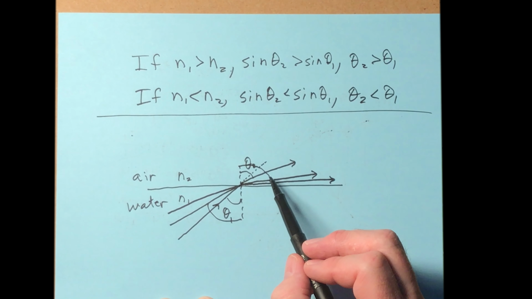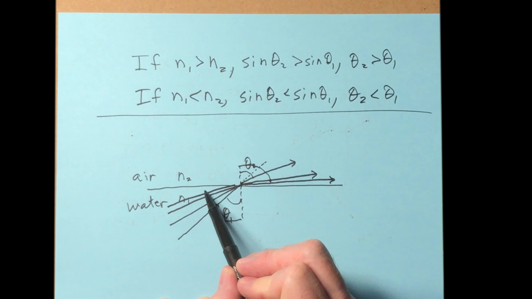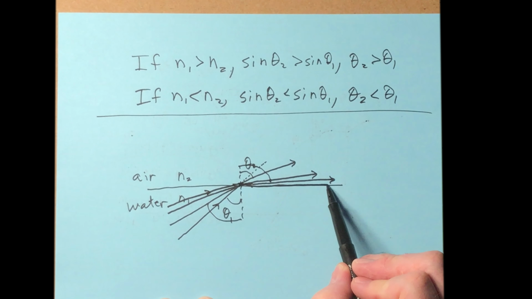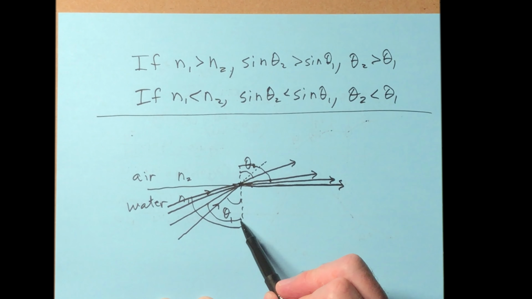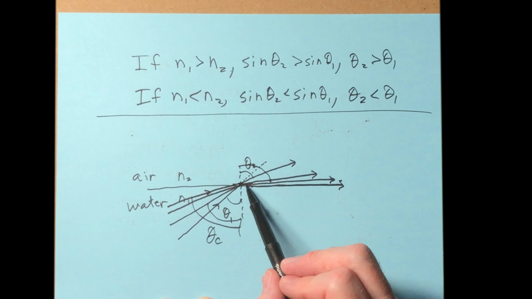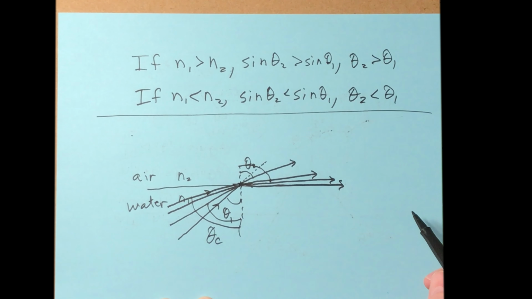And if that's the case, there's going to come a point here where I am incident upon the interface, but this angle goes right along the surface here. And that angle right there, let's call that a critical angle, where we have now no refracted light coming out.